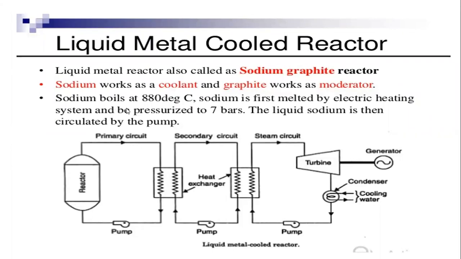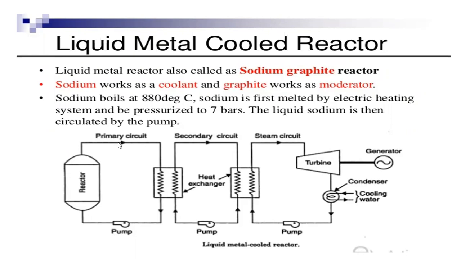Sodium boils at 880 degrees centigrade. The sodium is heated by the electric heating system and pressurized to 7 bars. Then the liquid sodium is circulated by the pumps. This is the reactor.